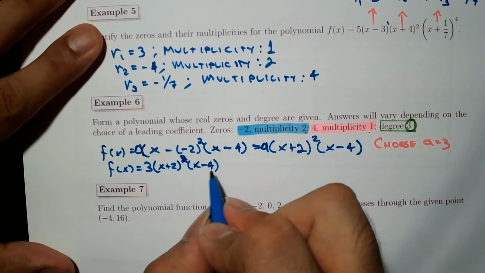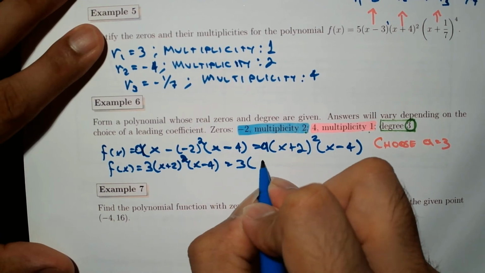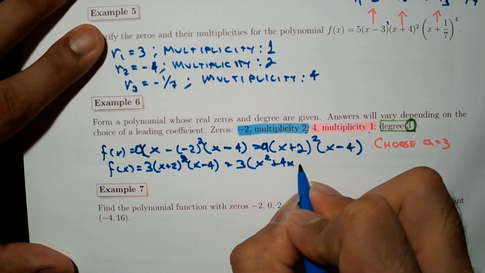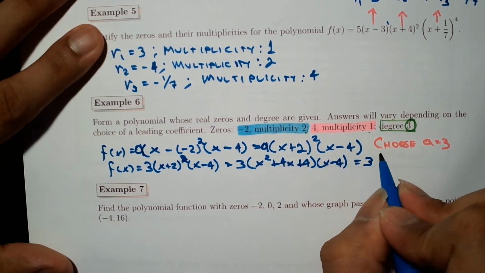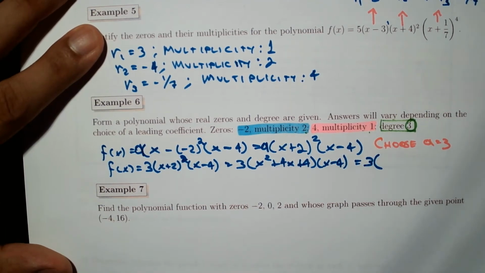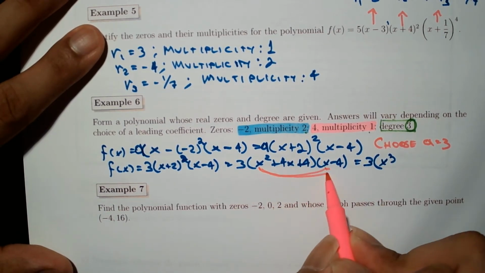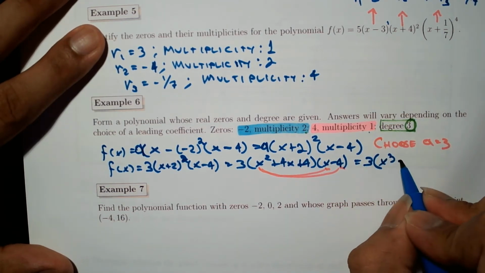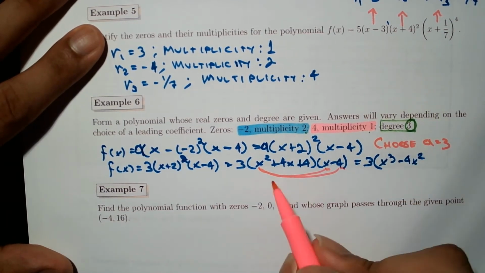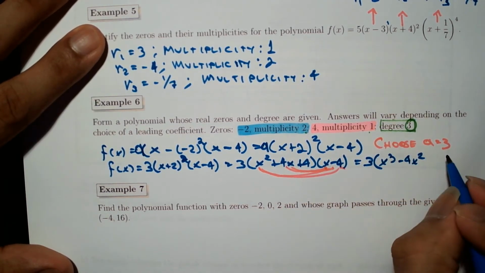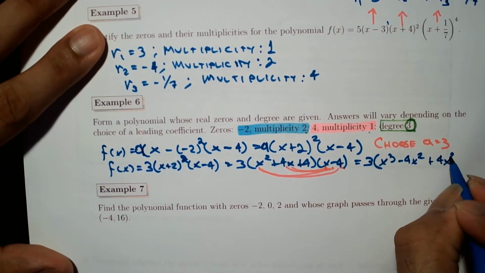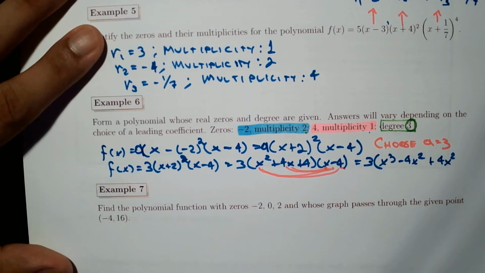I'm going to expand the binomial first. 3 times x squared plus 4x plus 4 times x minus 4, and then I'm going to have 3 times multiplying x times x, that's going to be x cubed, x times negative 4, that's a negative 4x squared. 4x times x is 4x squared, oh, these are going to get cancelled.